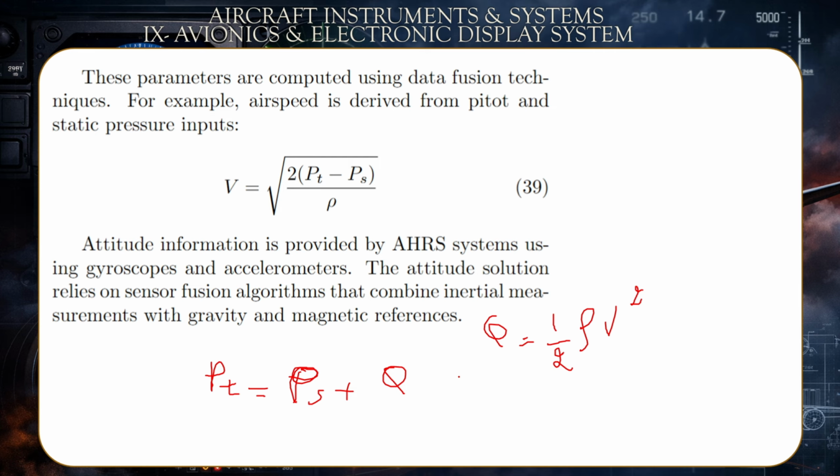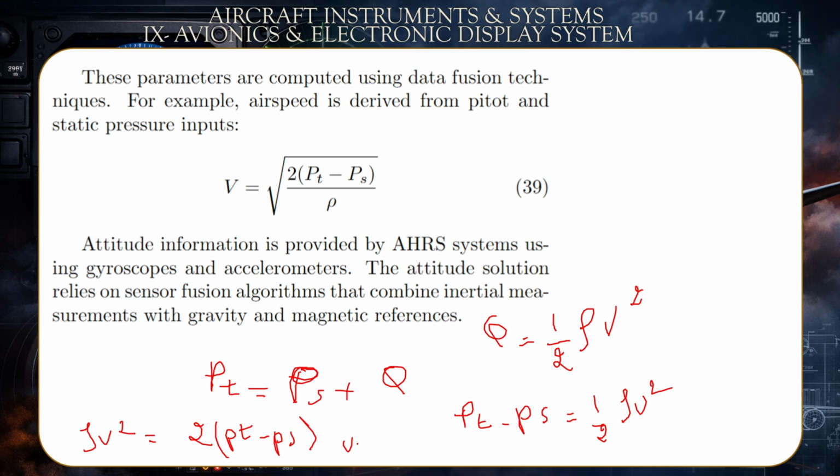So, if you place it here in this equation, you get PT minus PS is equal to Q, which is 1/2 rho V square. So, rho V square is equal to 2 multiplied by PT minus PS.